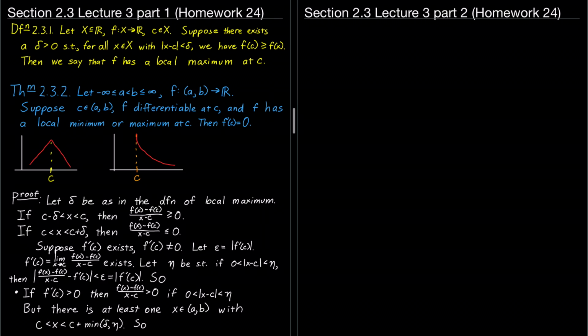So we must have that this difference quotient is positive if the distance from x to c is less than eta, which it is, but it's also got to be negative or 0 if x is between c and c plus delta, which it is. And this, of course, is a contradiction. That can't happen. So we see that f prime can't be positive.